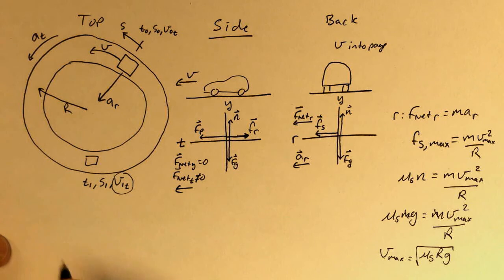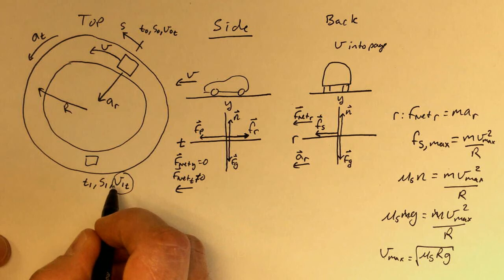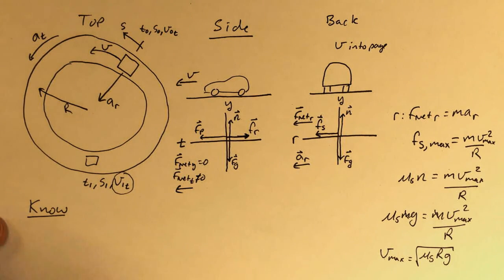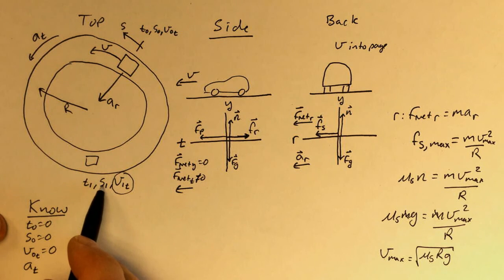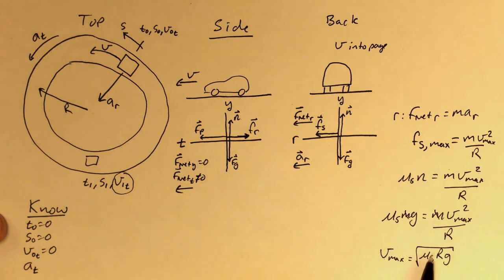And with that being said, I'm trying to find this final time, and what knowns do I have? Let's suppose we know our initial time, we set it to be equal to 0, and our initial position equal to 0, and my initial velocity in the tangential direction is equal to 0. Let's just suppose I do know this tangential acceleration. I'm not going to use any numbers in this problem, but we know that one. And I'm looking for this one. I don't know this one. Do I know this one? And the answer is yes, through this process.